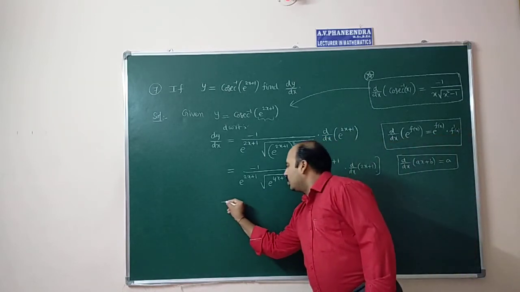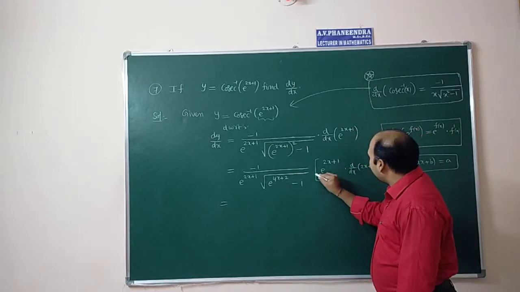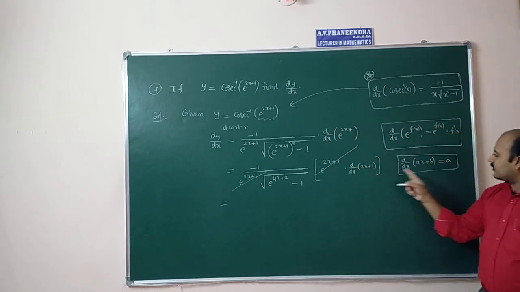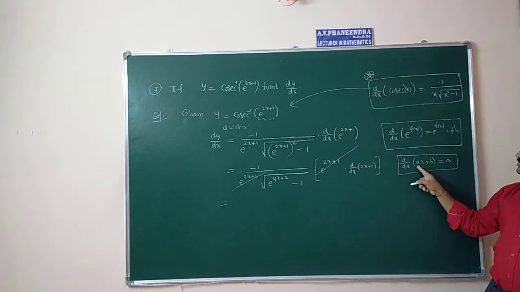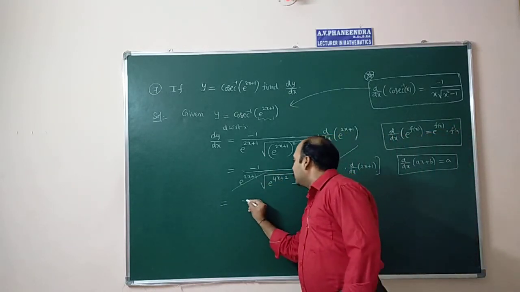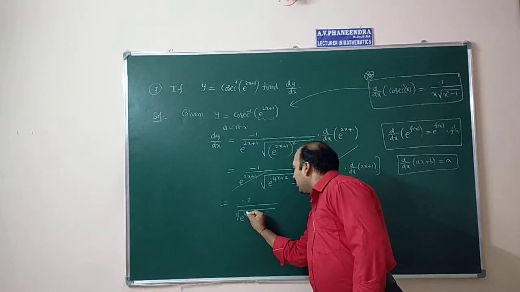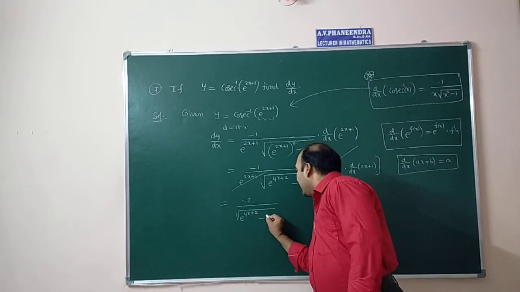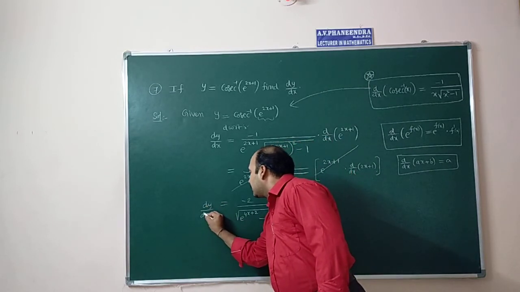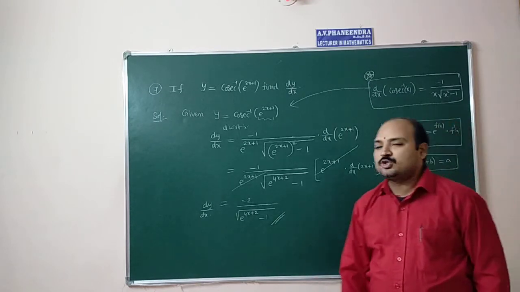So e power 2x plus 1, e power 2x plus 1, we can get it cancelled. d by dx of ax plus b is a, x coefficient is the answer here. d by dx of 2x plus 1 is 2. 2 into minus 1, minus 2, divided by square root of e power 4x plus 2 minus 1 is the answer for the given question. dy by dx equal to minus 2 by square root of e power 4x plus 2 minus 1.